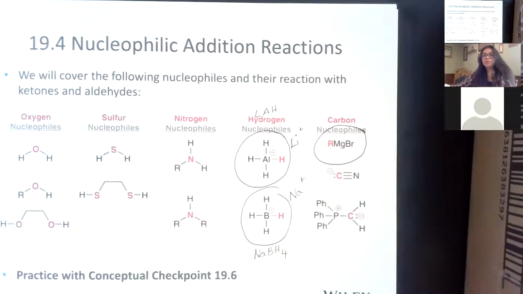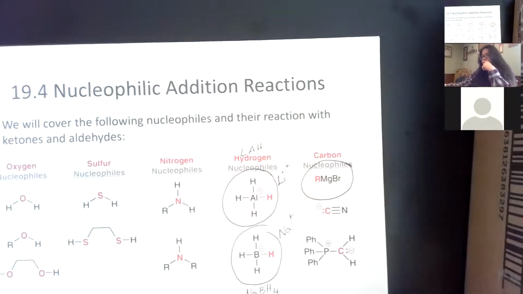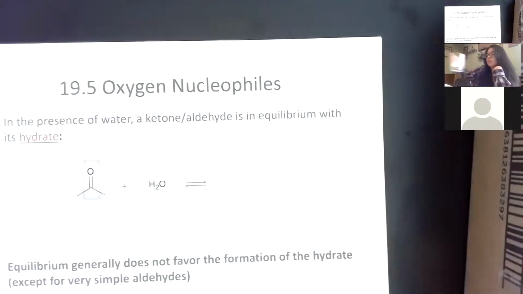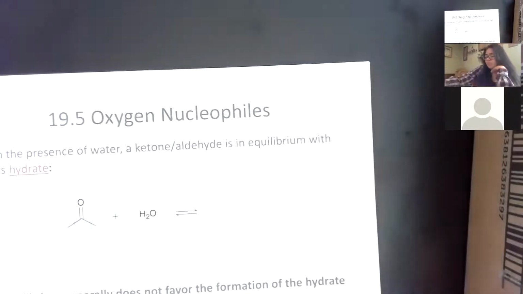It's 12:51, so I'll go for a few more minutes. Oxygen nucleophile. Look under the group that had oxygen nucleophiles.